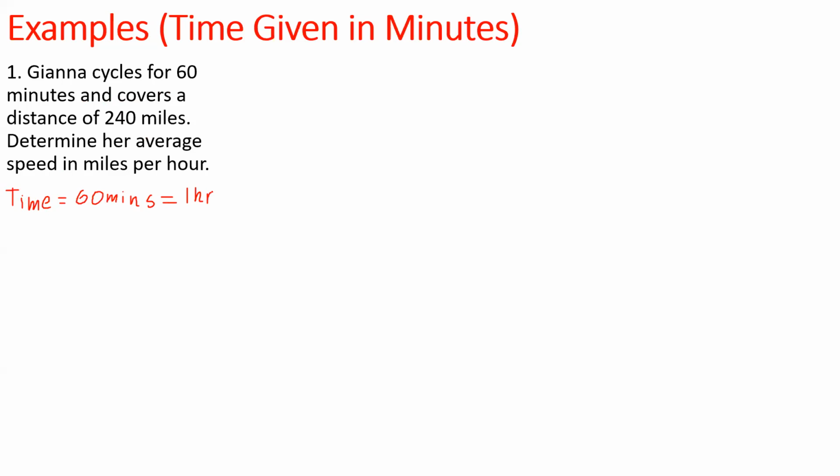So that means in order for us to figure out the average speed, speed is equal to distance over time.